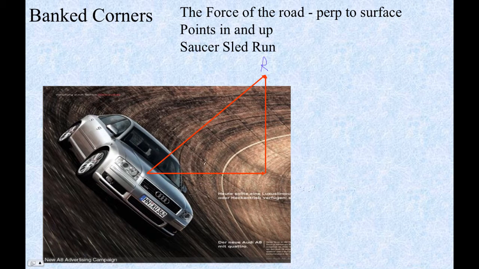It's got a component toward the center, which helps you go around the corner, and then of course you need an upward component to hold the car up against gravity.